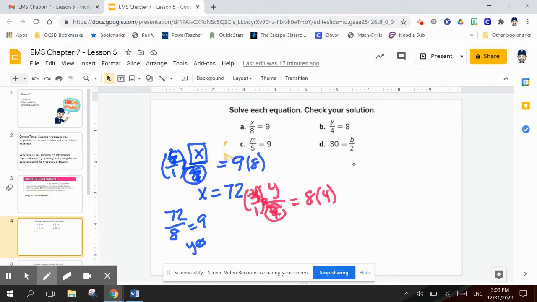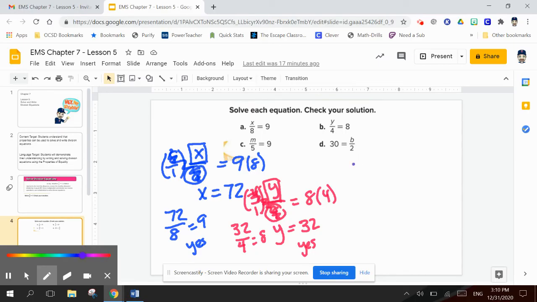We cancel those out. I'm left with my variable y. And 8 times 4 is 32. To check that, 32 divided by 4 is 8. Yes, that is true.